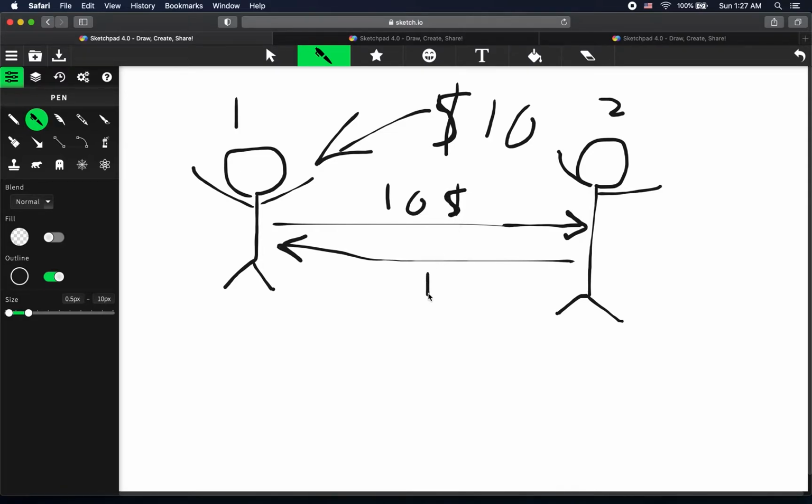This guy has now earned a total of $20, because he got the original $10 in the economy back and forth twice. In fact, he could earn an infinite amount of money if they just keep trading back and forth. The amount of money earned is different than the amount of money you spend. If I spend $10, as long as I get that $10 back, I can earn double the amount of money.